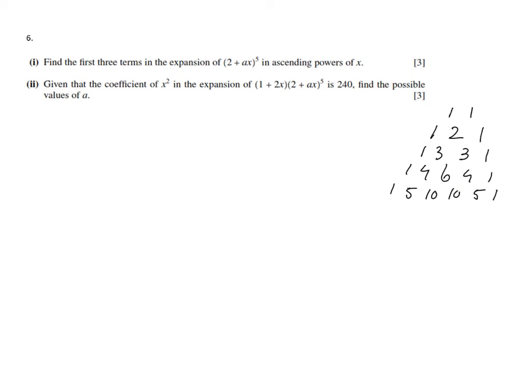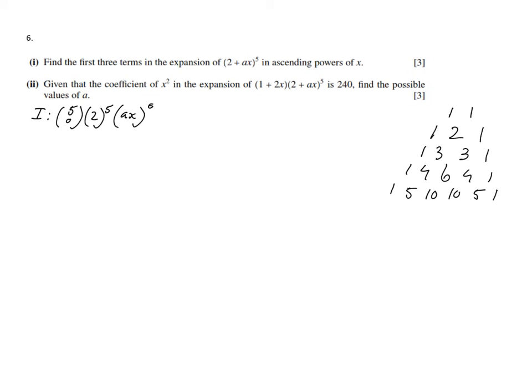Okay, so the first 3 terms in ascending powers of x. The first term is going to have a 1 there. So that's going to be 2 to the power 5, and (ax) to the power 0.